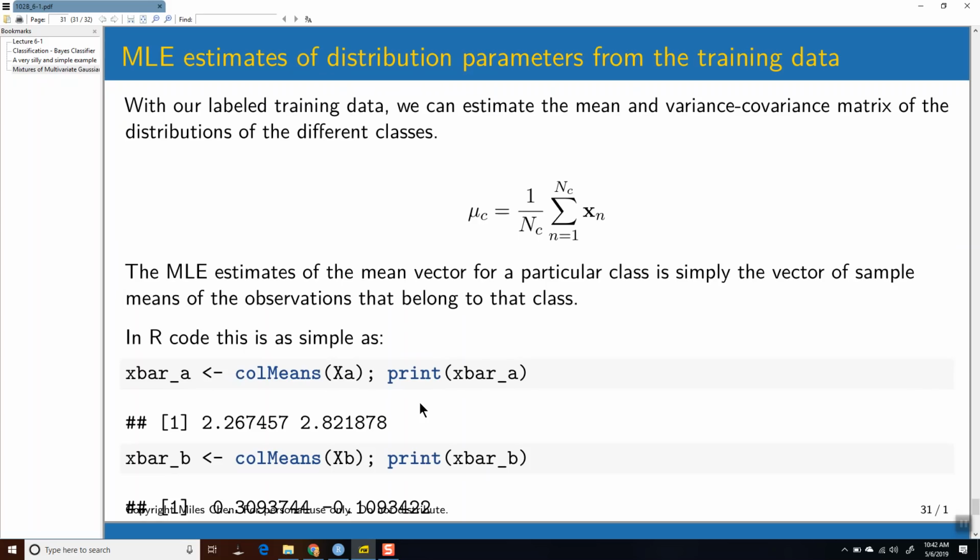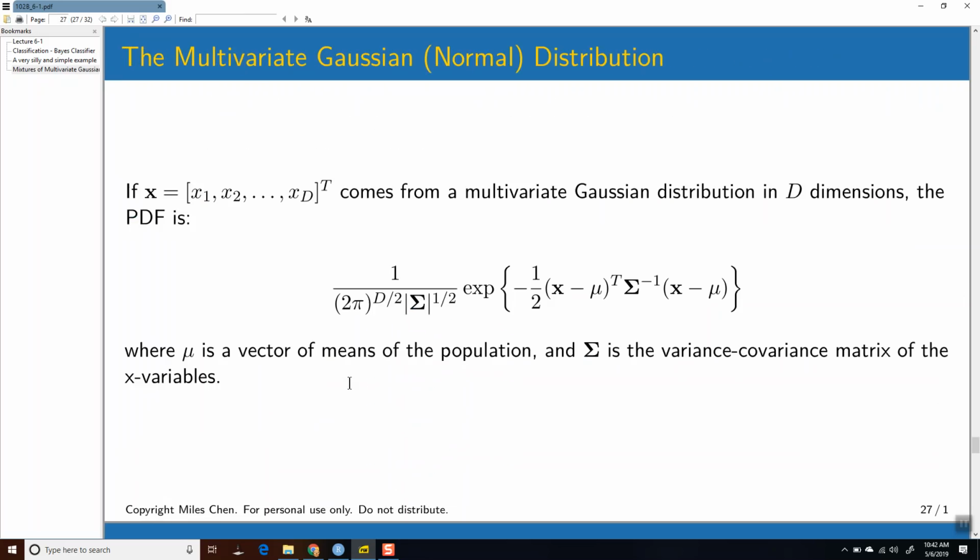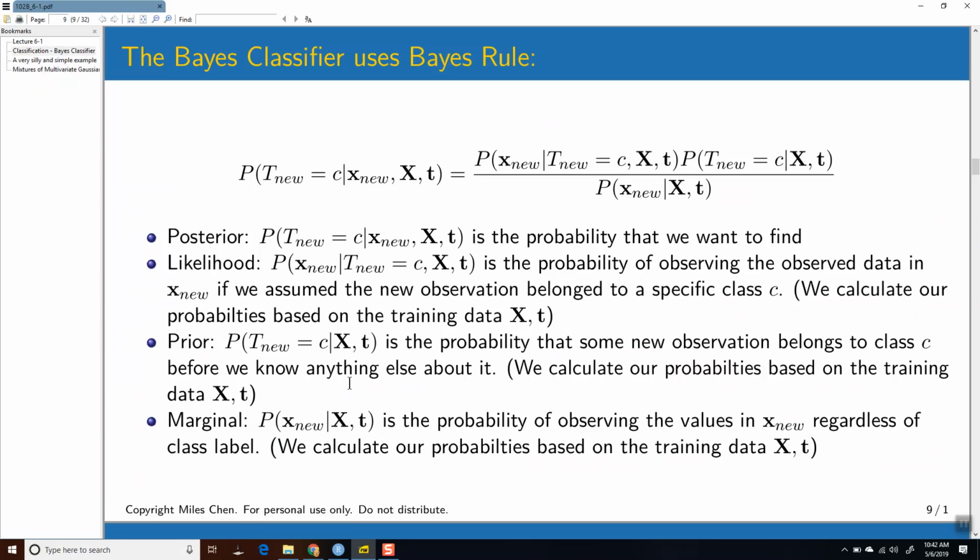So we'll calculate the variance-covariance matrix for each of these, and then it's just an application of going all the way back to the base classifier. Here, the probability of x new given this: we're going to have some new observation, a point in 2 dimensions, and we calculate the probability of getting that thing, the density.